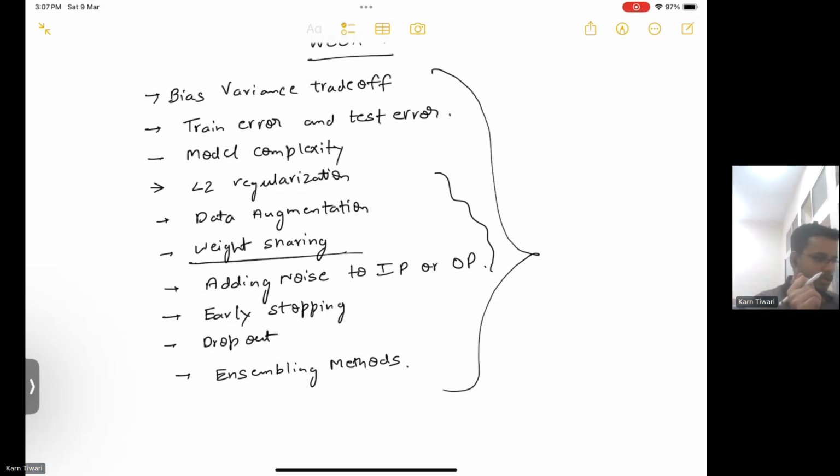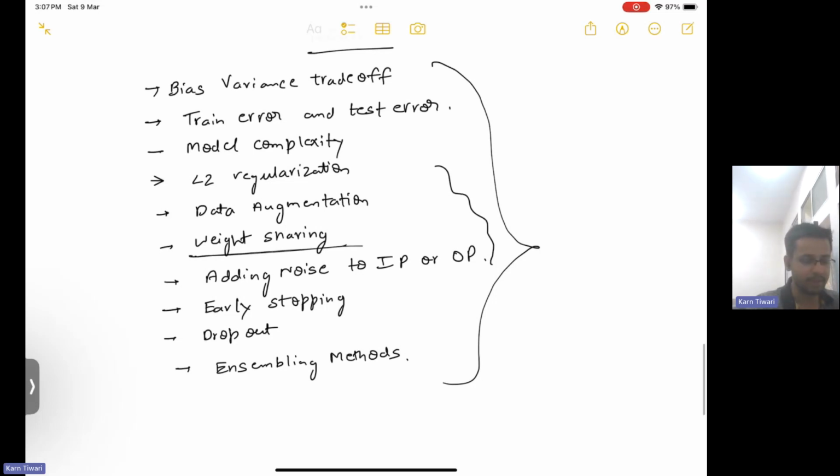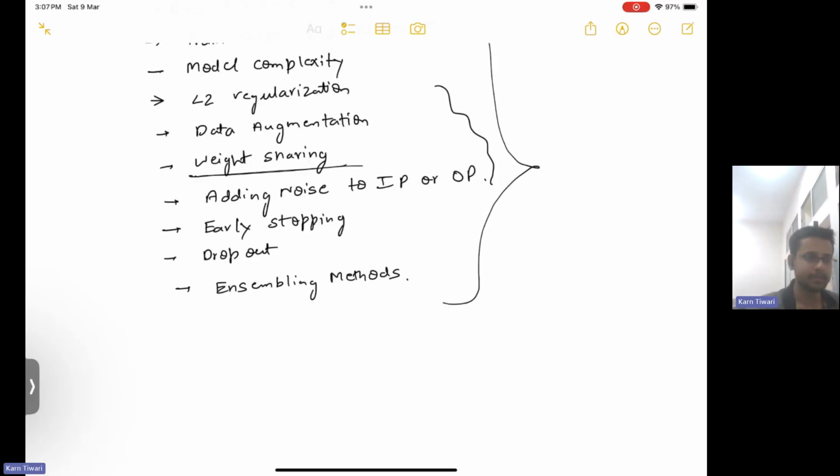That's where we want to design an architecture which is suitable for a certain kind of data set. Not all data sets can be handled by all the kinds of models which we have seen. Regression you can't apply on time series data. You need a model which can capture the latent representation of how it is changing.